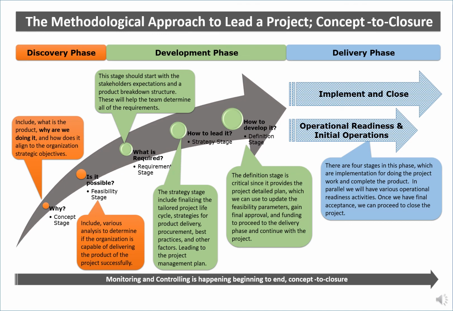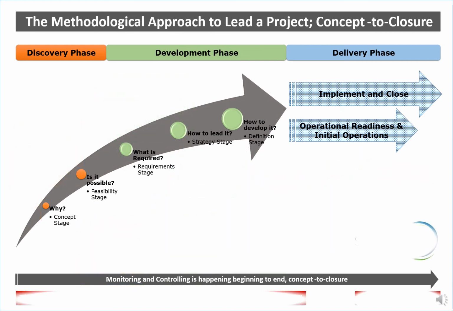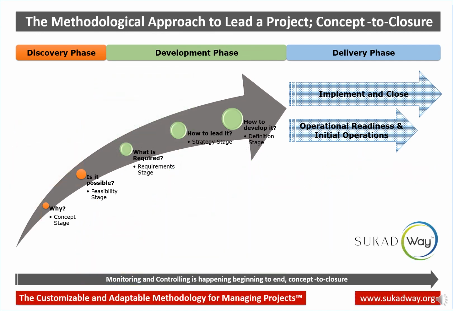So basically monitoring and control is happening throughout, it is not something that happens as a stage within this life cycle. That's about it in terms of the CAMMP model.